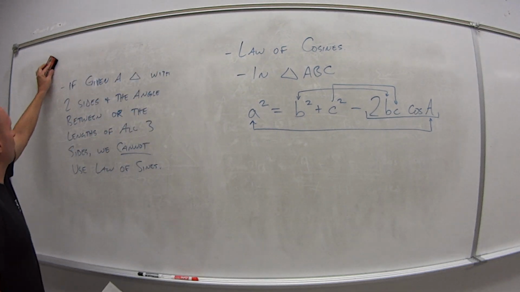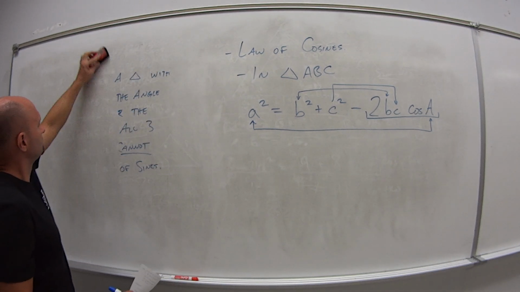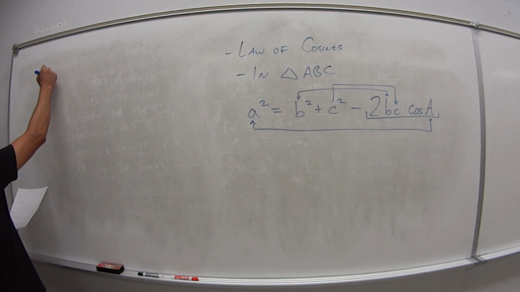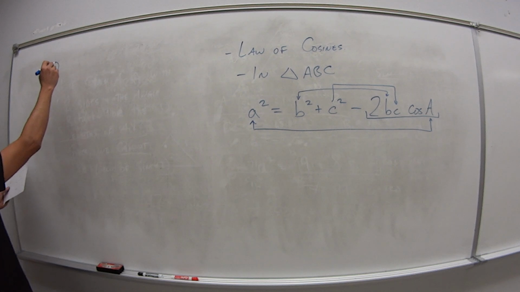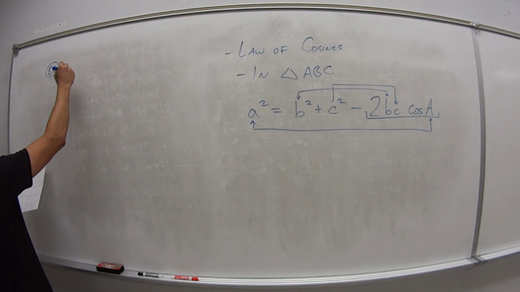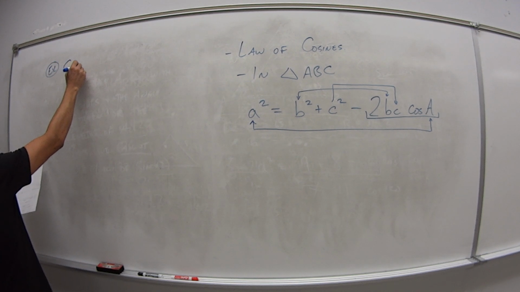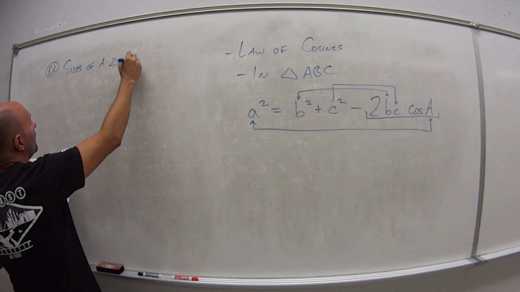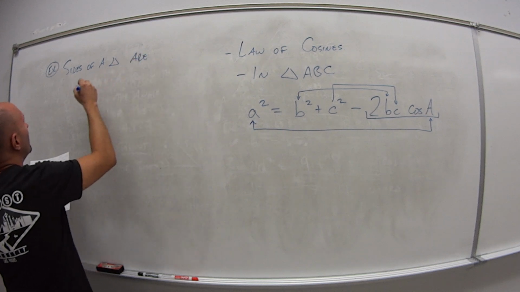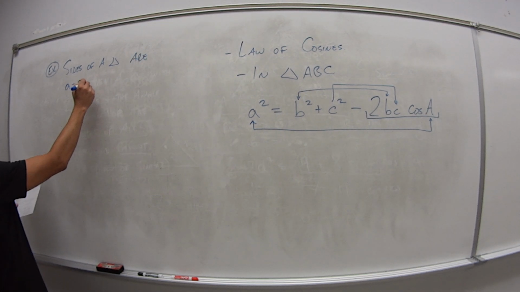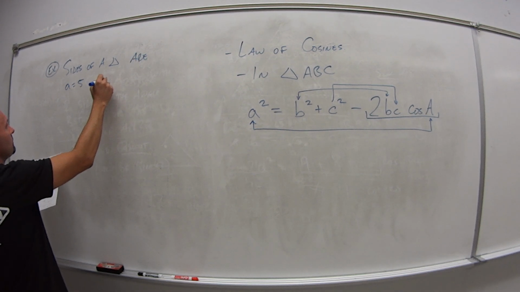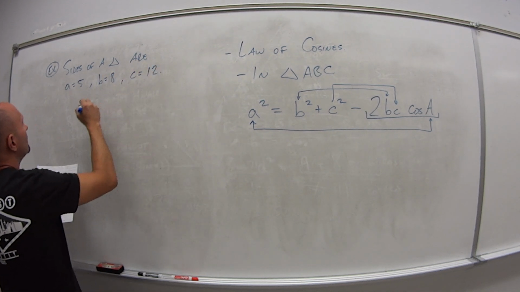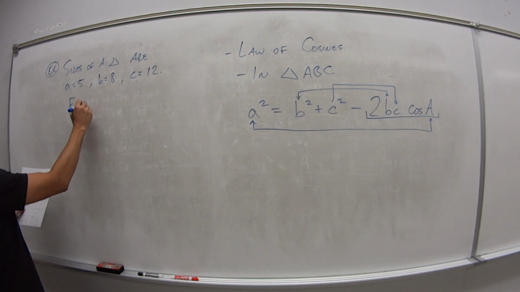So let's look at where we can use this. Let's say we have the following example. The sides of a triangle are a equals 5, b equals 8, c equals 12, and we want to find the angles.